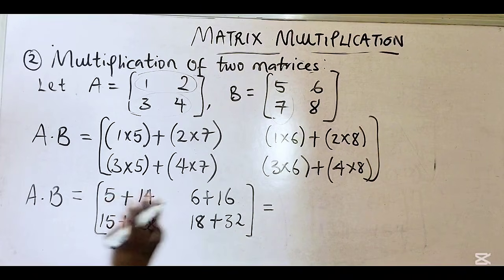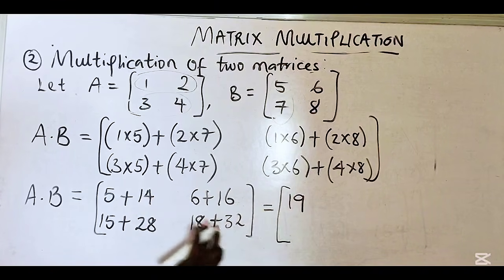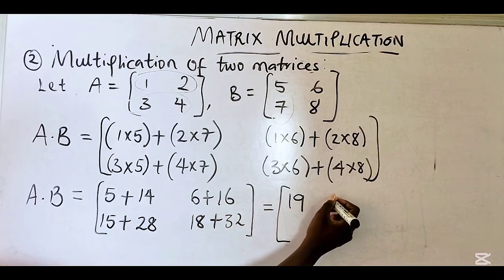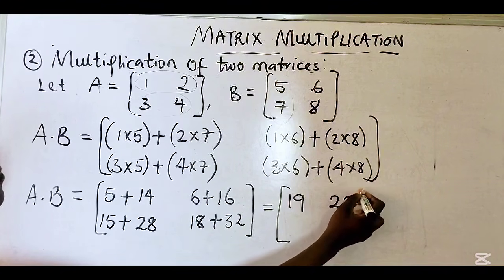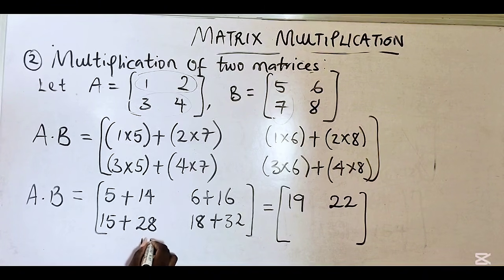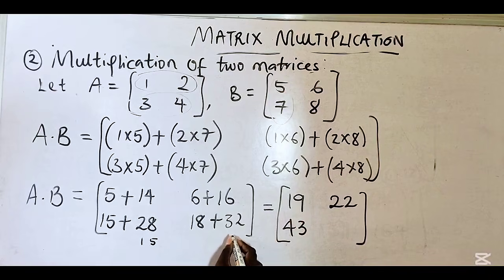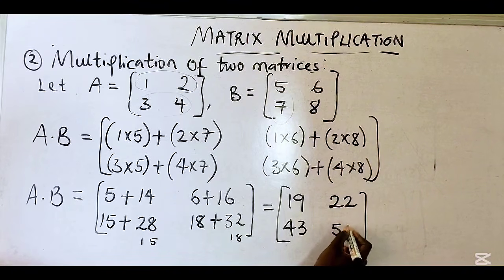Of course, here you know 5 plus 14 is 19. 6 plus 16 is 22. 15 plus 28, just put it down here, you get 43. 18 plus 32, that's 50.